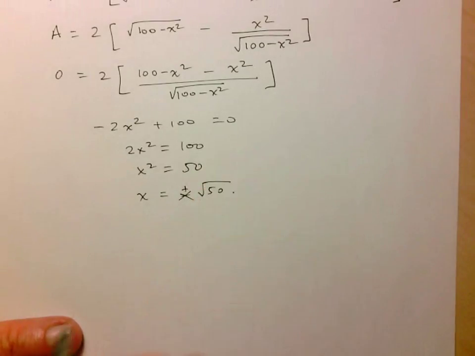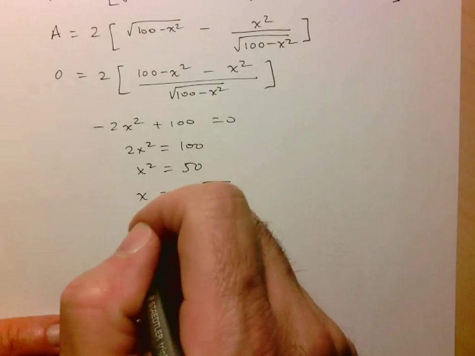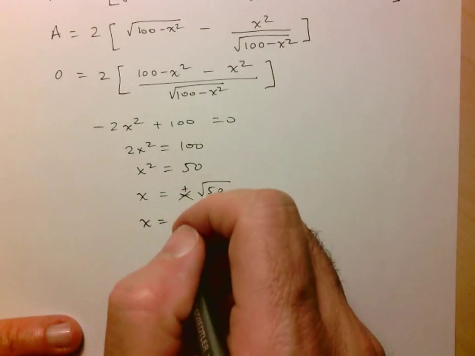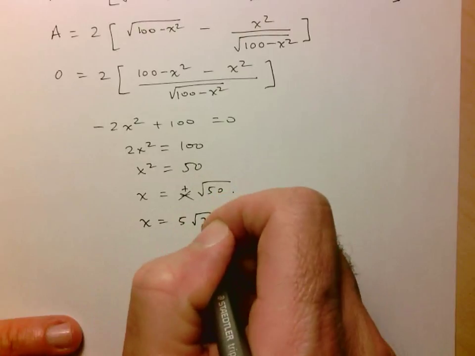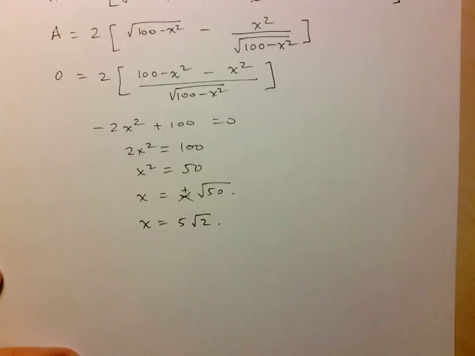Now again, since we need x to be positive, we're going to get rid of the negative. This is a purely geometric problem, so I'm going to expect exact answers here. Since 50 can be simplified, 50 is 2 times 25, so x is equal to 5 root 2.